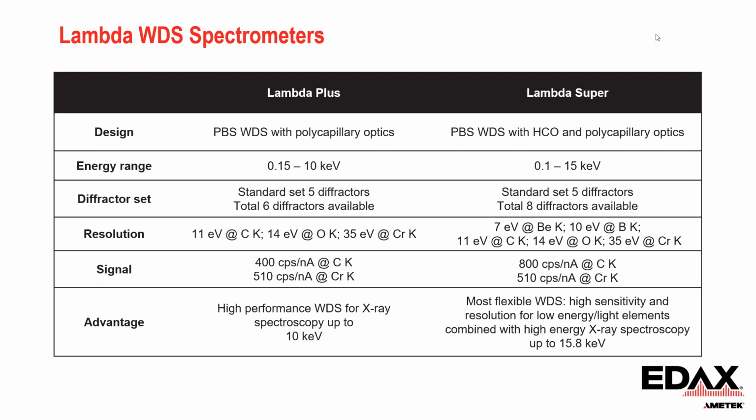The Lambda Super has superior resolution for the light elements, like 7 eV for beryllium K, and the Lambda Super has better signal intensity than Plus. On the light element side, like 800 counts per second per nanoamp at carbon K.